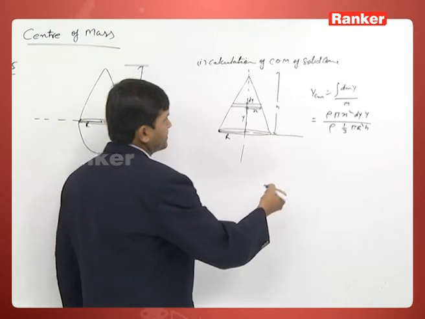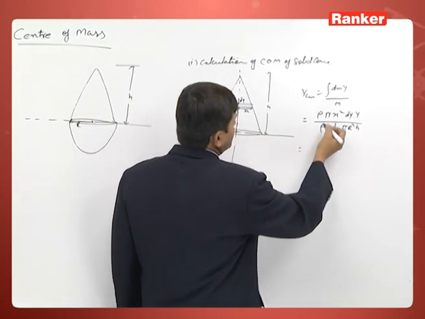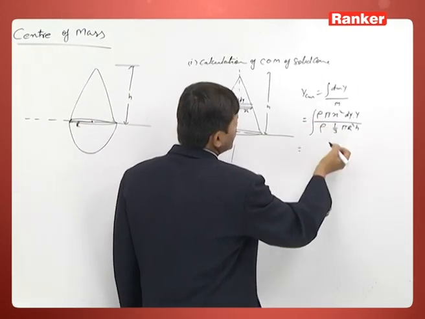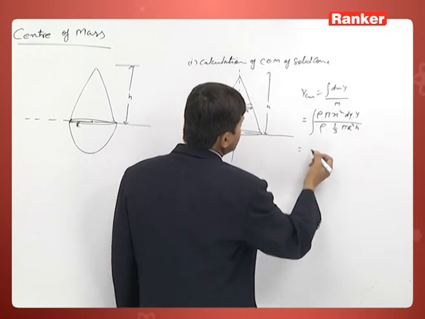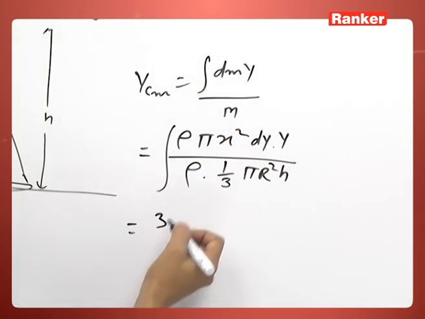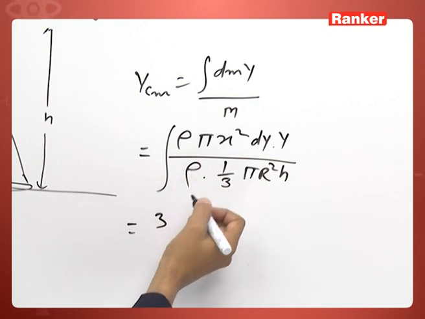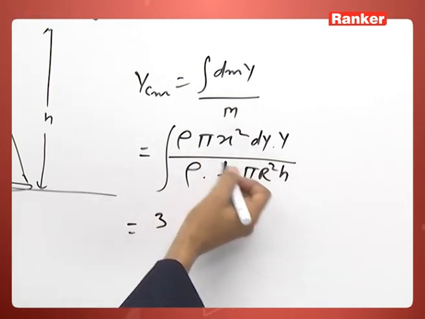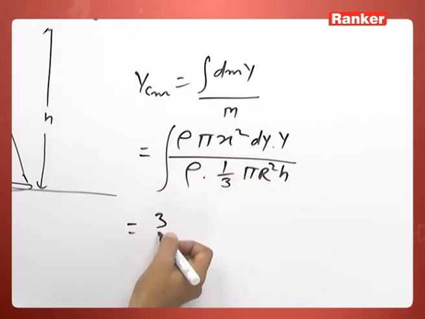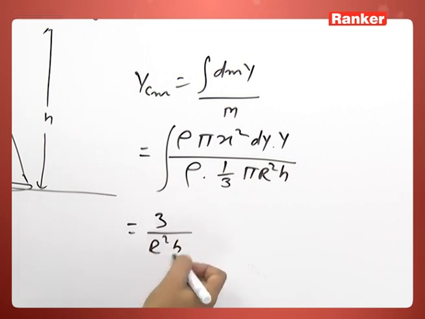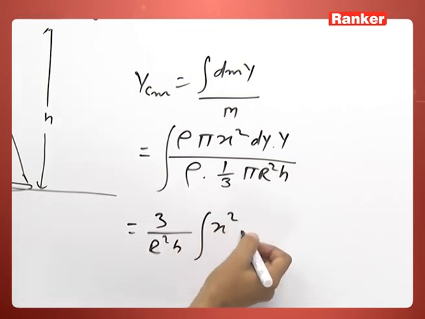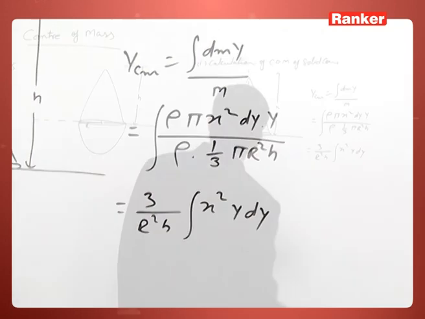Now from this, rho and rho cancel, pi and pi cancel, so 3 by r square h, x square y dy.